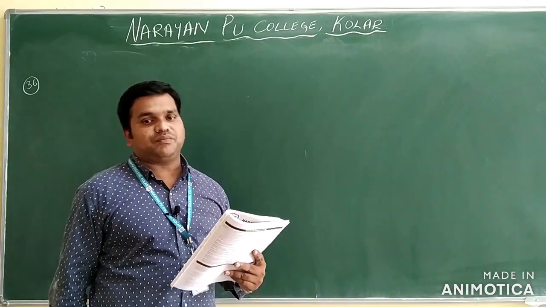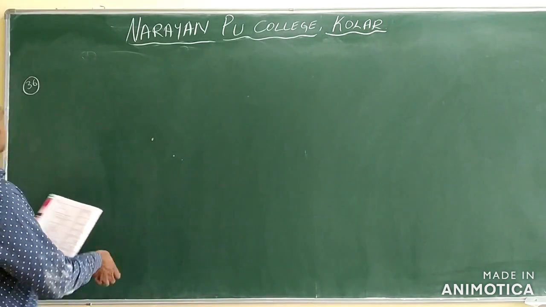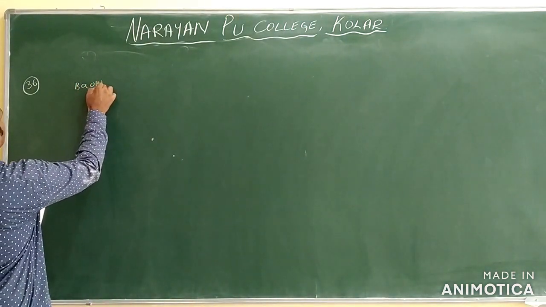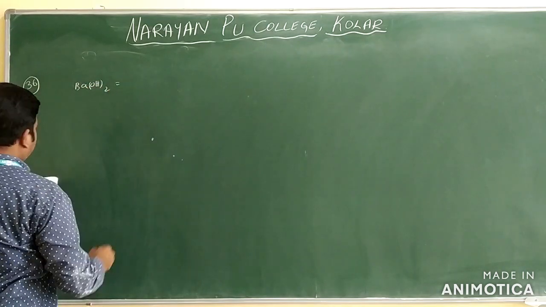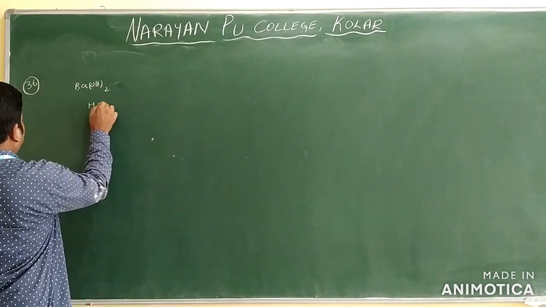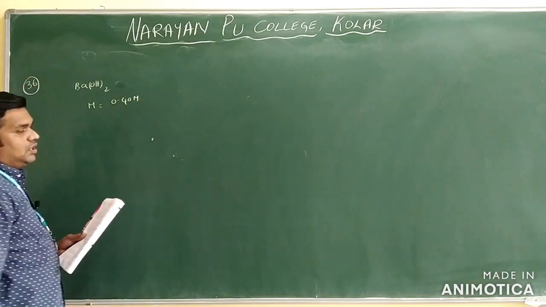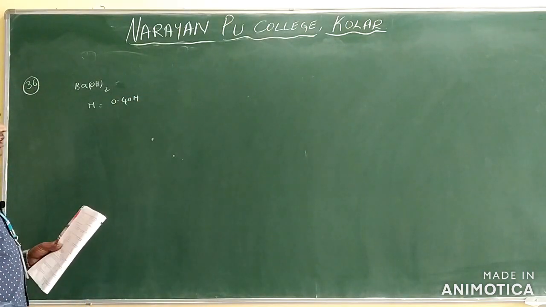Here the compound given is barium hydroxide, whose molarity is 0.40 M. You can convert it into normality.